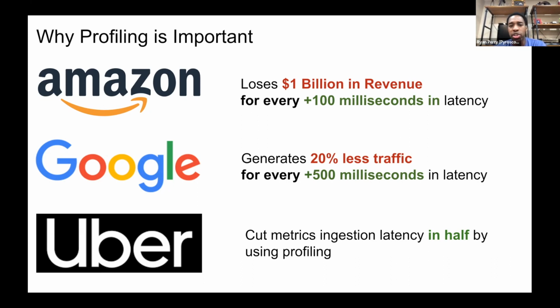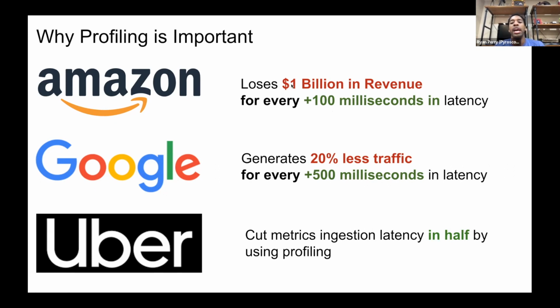There are a lot of statistics out there, especially when you're operating at higher scales. Amazon said that every 100 milliseconds of latency corresponds to losing about 1% in revenue, which comes out to about $1 billion.